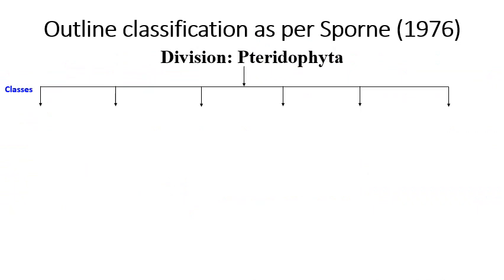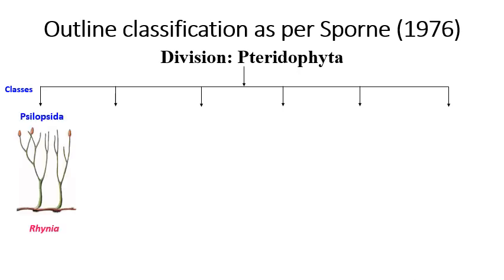Here let us understand the classification of pteridophytes as per K.R. Sporne. The division Pteridophyta is differentiated into 6 classes. Class number 1 is Psilopsida, and the representative of Psilopsida is Rhynia.